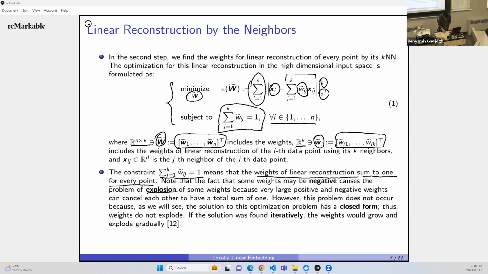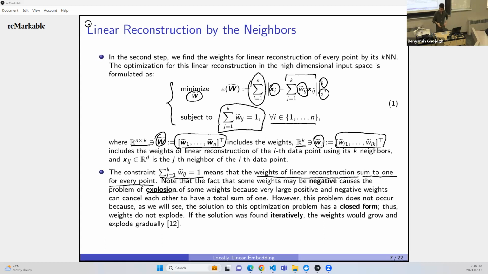Didn't the authors of this paper think about it? Of course they thought about it. One of them was Sam Roweis. I think we can call him the god of manifold learning, so he knew what he was doing. The reason this problem doesn't happen is that we will find a closed form solution.